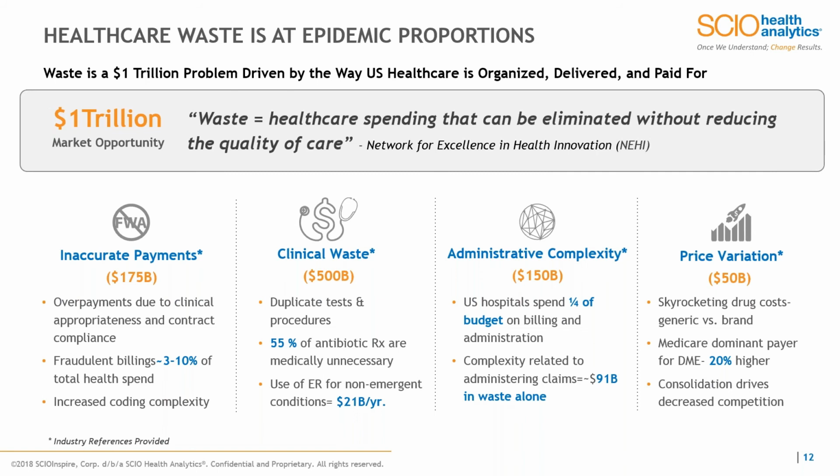Provider and patient behaviors can also drive clinical waste, such as using the ER for non-emergent conditions. This amounts to $21.4 billion annually. Inefficiencies and lack of standardized policies and procedures contribute to exorbitant costs in U.S. healthcare. By simplifying our healthcare system administration, this could help reduce annual healthcare costs by approximately $300 billion.